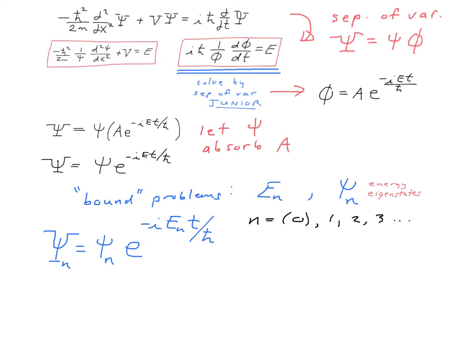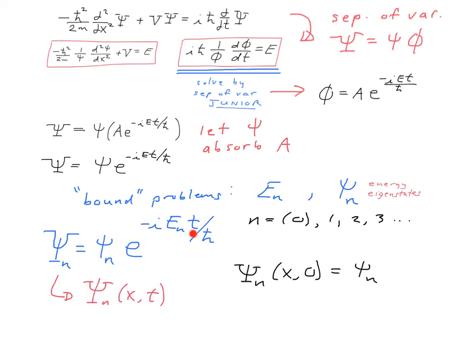We could call that phi sub n, I won't put it here, and that would have an E sub n right here. And so putting all that together, our overall solution for our product solution, the thing that depends on both space and time, we'd have capital psi sub n, depending on position and time, would equal the energy eigenstate, little psi sub n, times this exponential function which has E sub n in it.